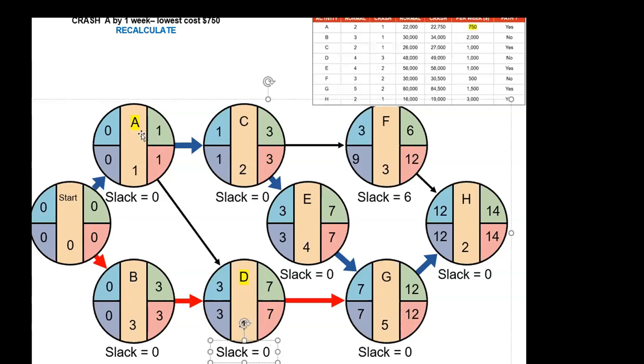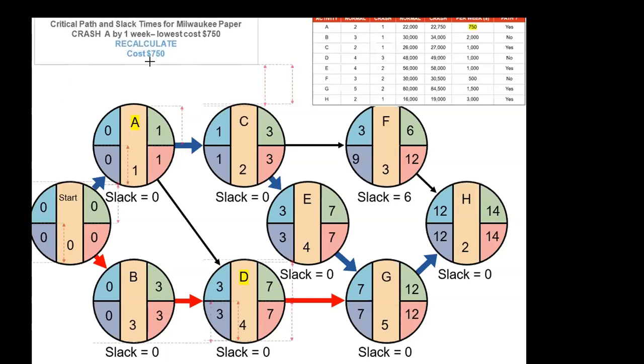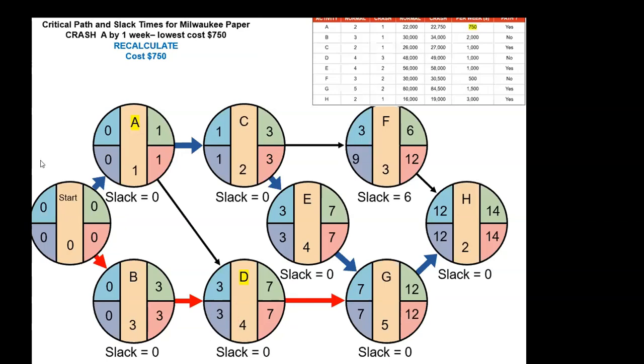We have already reduced, right? We reduced the project by 1 week and did the recalculation. What was the cost of it? Cost $750. So with $750, we could reduce this.